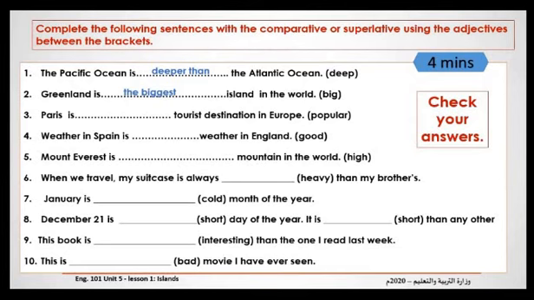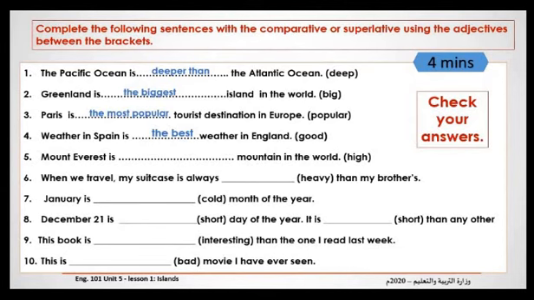Number 3, Paris is the most popular tourist destination in Europe. Number 4, the weather in Spain is the best weather in England.